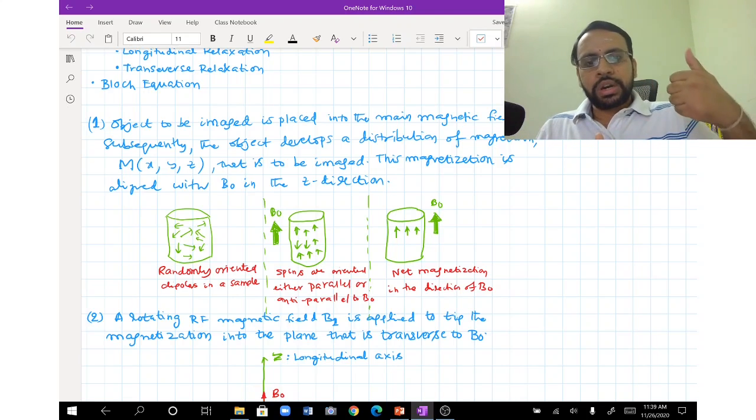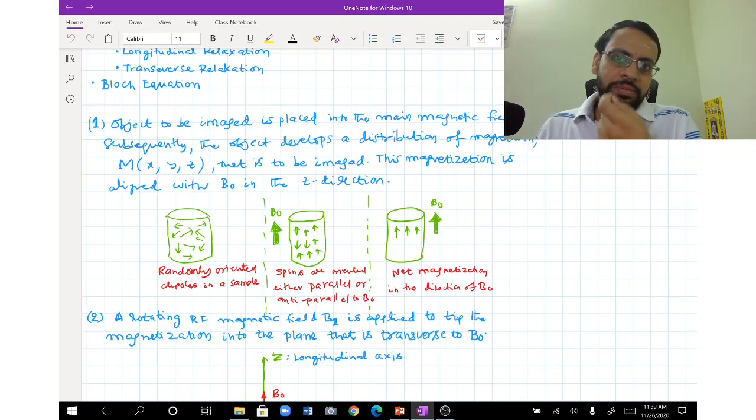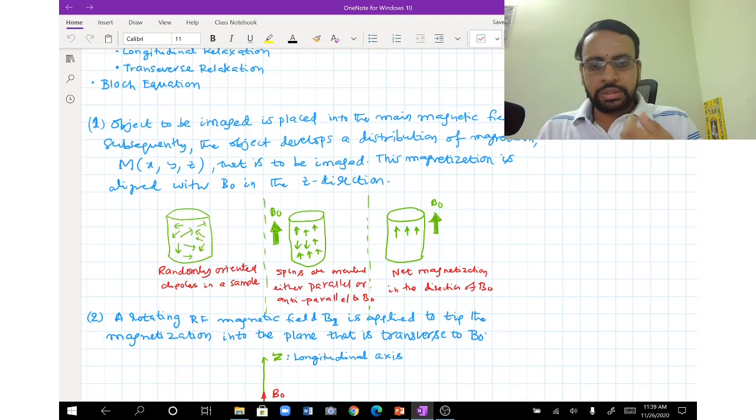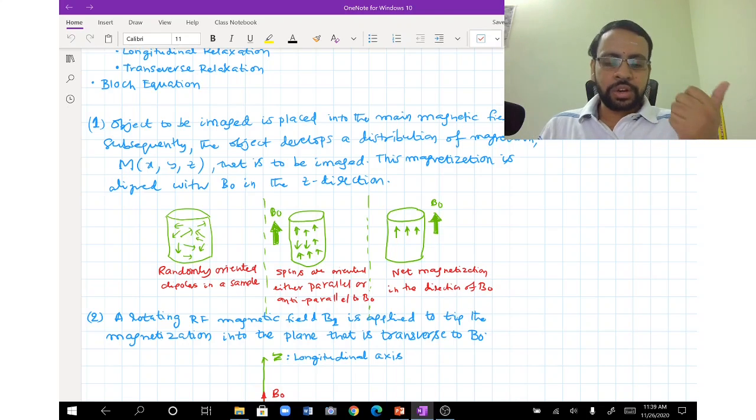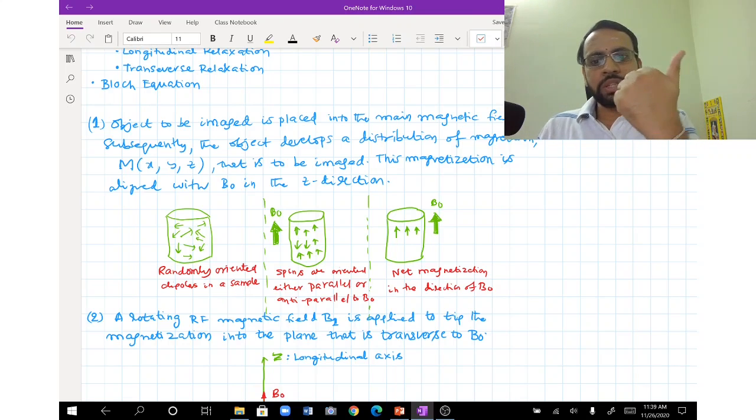If you are not applying any external magnetic field, and assuming it has a lot of hydrogen atoms, each with one proton in its nucleus, which has a property of spinning and resulting in an angular momentum, and this angular momentum gives you magnetic properties. So each hydrogen atom acts like a tiny magnet, but orienting in its own direction, as you could see here in the first image.